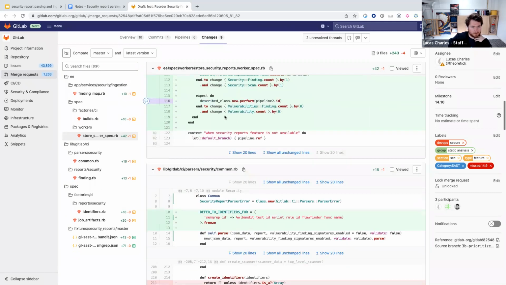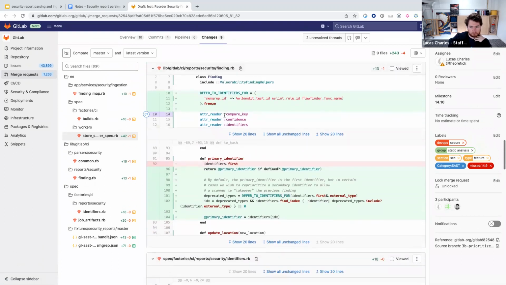So it's very similar: just run the entire worker and check vulnerability counts.